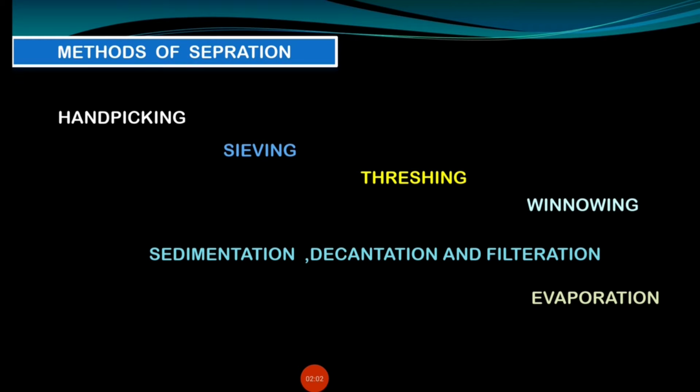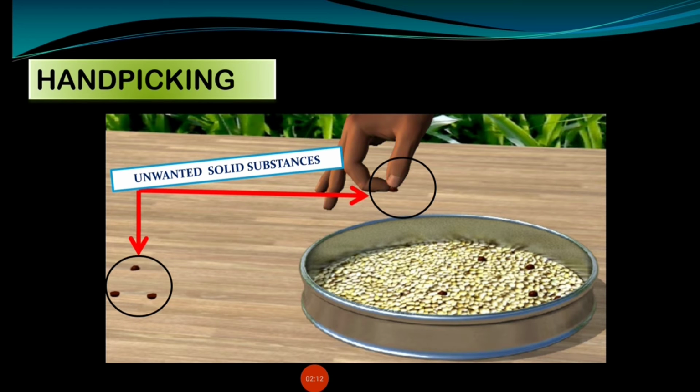Let's understand different methods of separation of solid impurities from the solid substances. First method is the hand-picking method. Hand-picking is a method of separating unwanted solid substances from the useful solid by hand. It is an easy way to separate undesirable substances from food items.